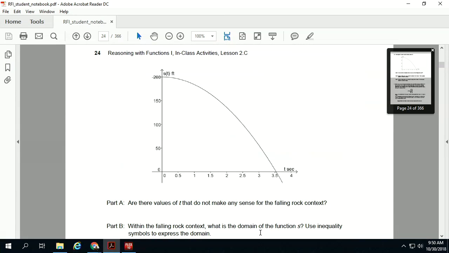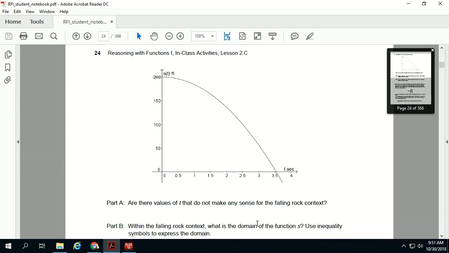And it doesn't make any sense to say how far has the rock fallen 100 seconds later. Because where will the rock be 100 seconds later? On the ground, right? It falls to the ground. 200 seconds later, where is it going to be? On the ground. A day later, where is it going to be? On the ground. Okay? After a certain point, it's kind of dumb to keep track of where the rock is on the ground.